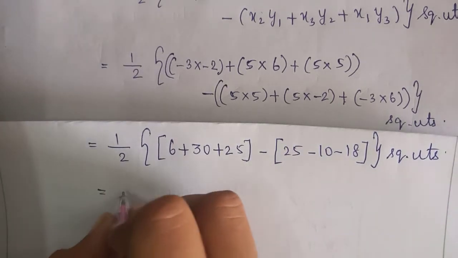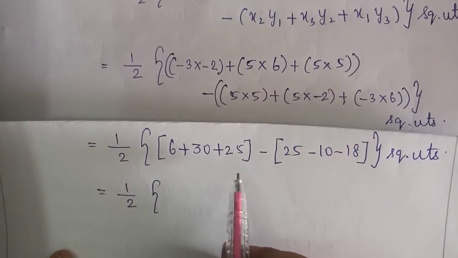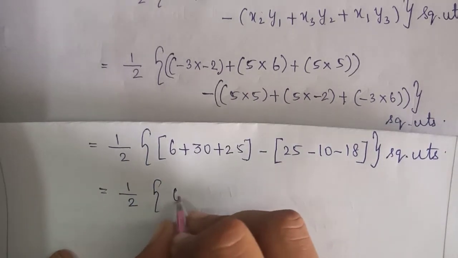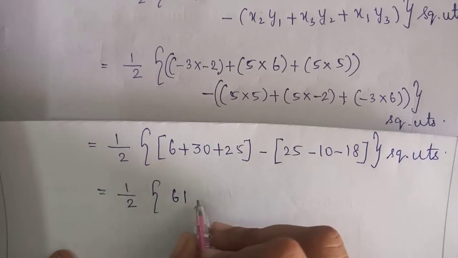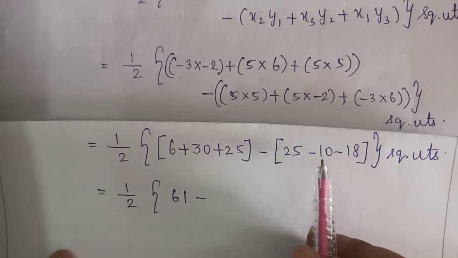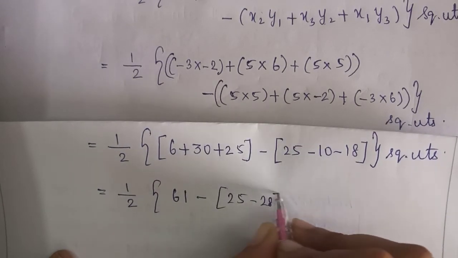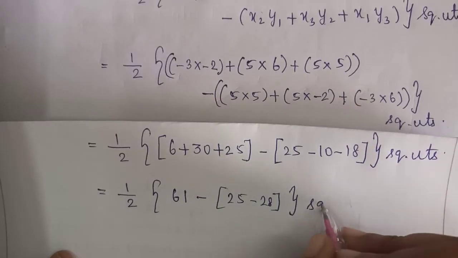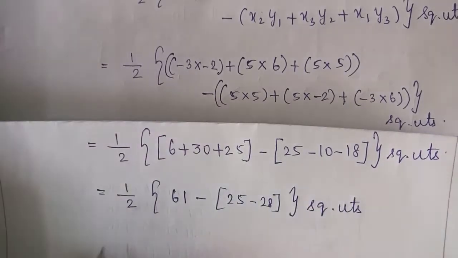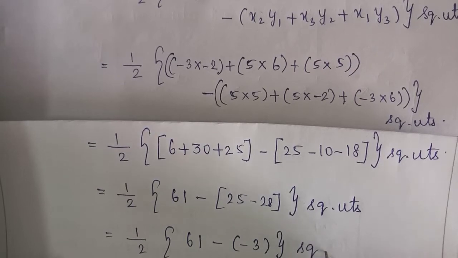units, which is equal to 1 by 2 into 6 plus 30 plus 25 is 61, minus 25 minus 10 minus 18 is minus 28. So 25 minus 28 square units, which is equal to 1 by 2 into 61 minus of minus 3 square units.